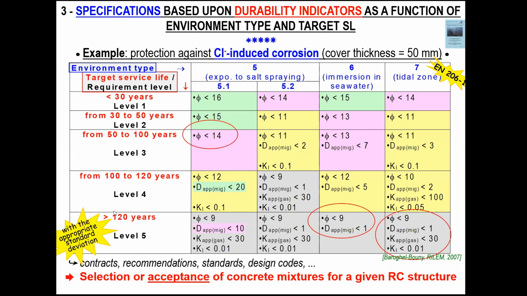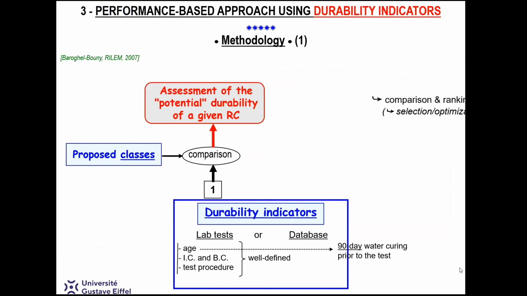For example, 100 years for the lifetime. And when both the aggressiveness of the environment and the target service life increase, you will need to check a greater number of parameters, and the criteria are more stringent.